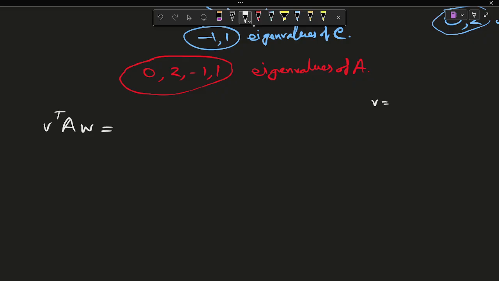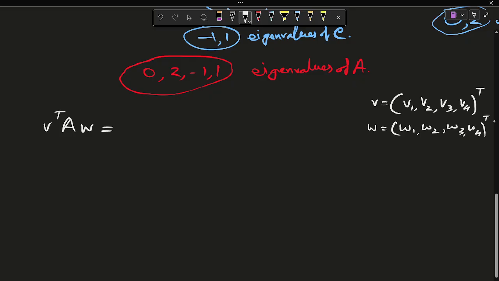Let V be V1, V2, V3, V4 as a column, and I am writing it here as a transpose. My W will be W1, W2, W3, W4, also with transpose. So these are columns.